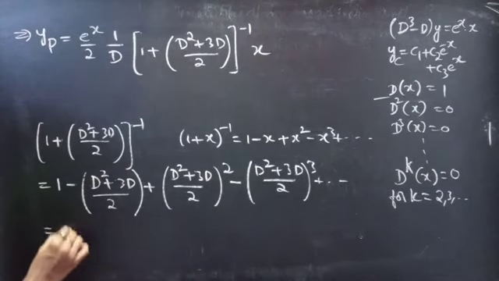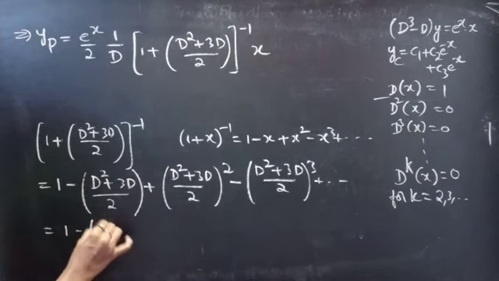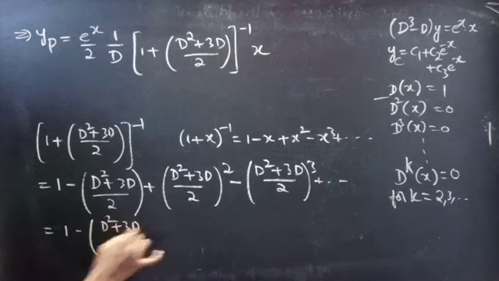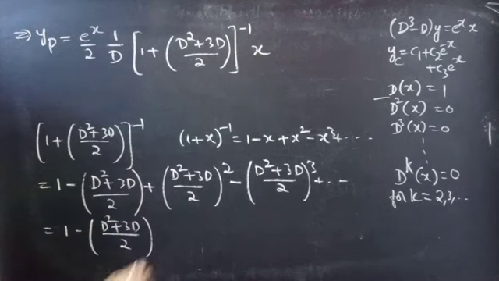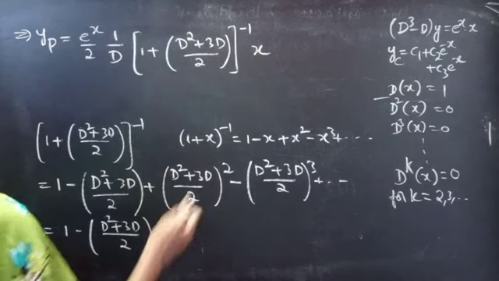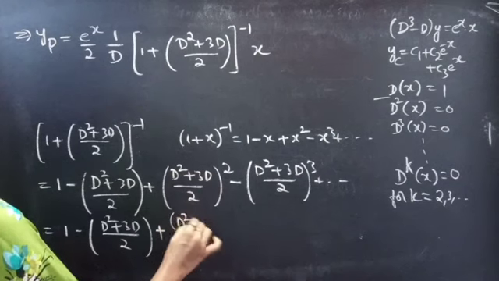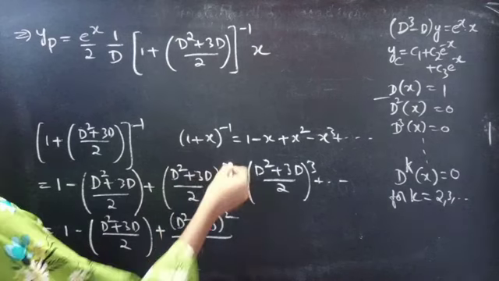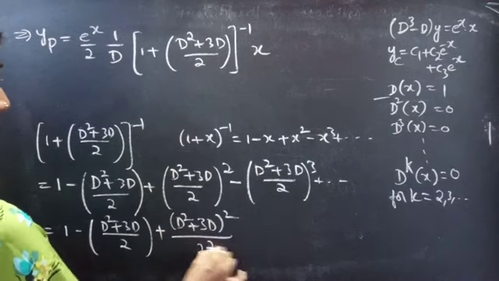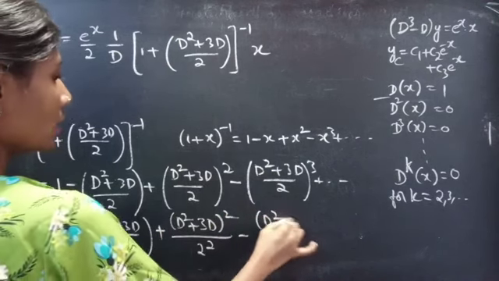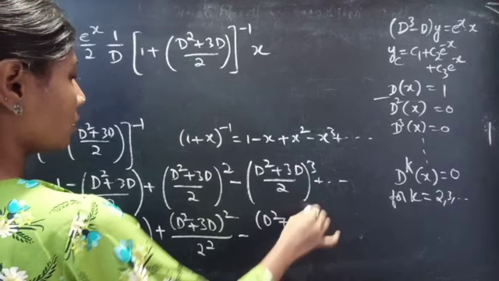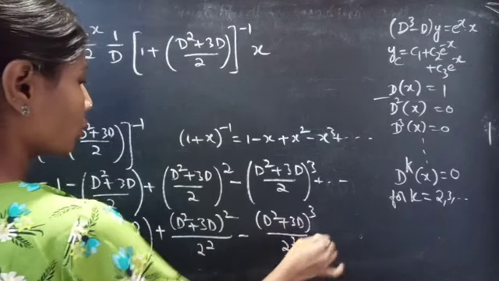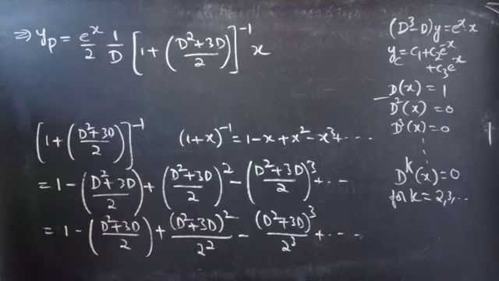This equals 1 minus (D square plus 3D by 2) plus, we can expand later, (D square plus 3D) whole square by 2 square minus (D square plus 3D) whole cube by 2 cube plus so on, right?